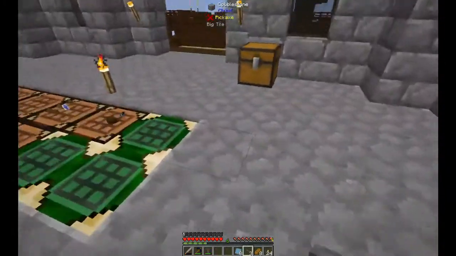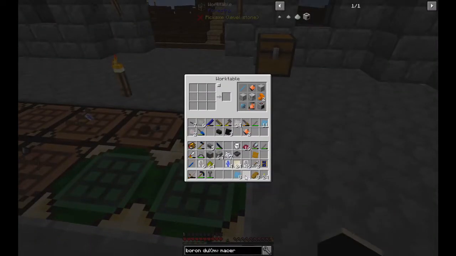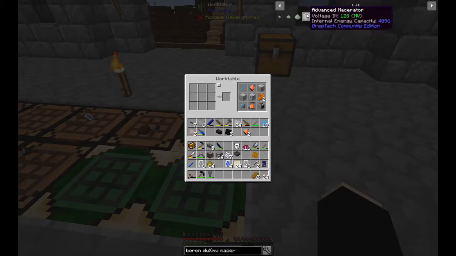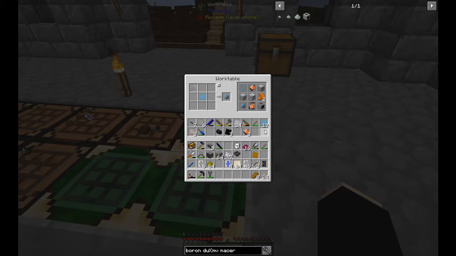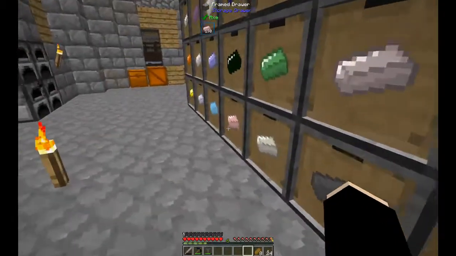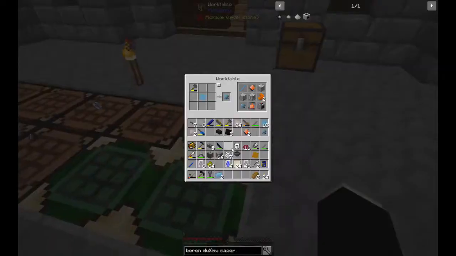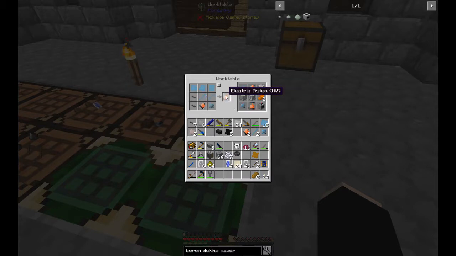Of course I had to make more copper cables. This is easy. Then I need 2 more aluminium rods so that I can make the piston.